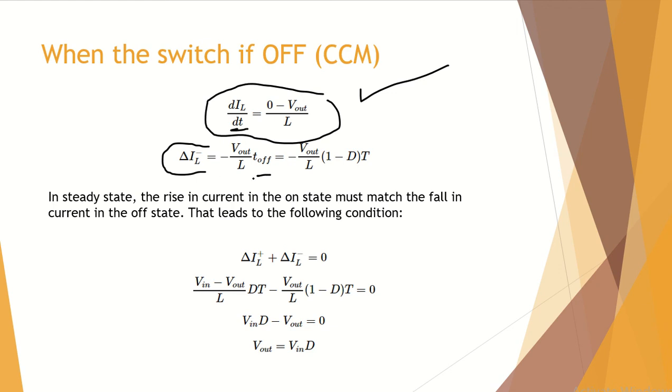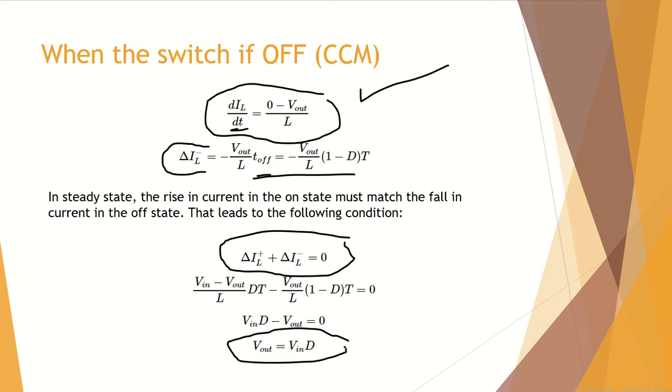So here is the formula. In steady state, the rise in the current in the on state must match the fall in the off state. That leads to the following condition: del IL negative plus del IL positive should be equal to 0 in the steady state. By putting in the values of del IL positive and del IL negative, we get V output is equal to V input into duty cycle.